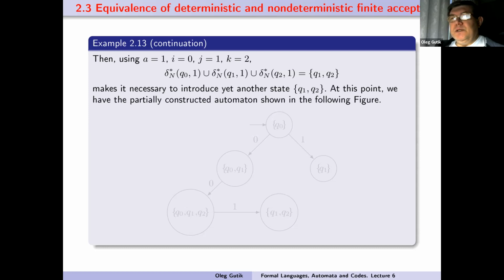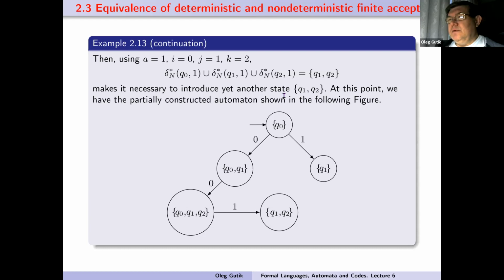At this point, we have a partially constructed automaton shown in the following figure.